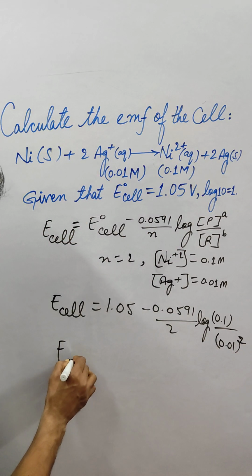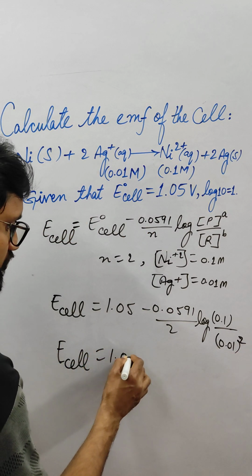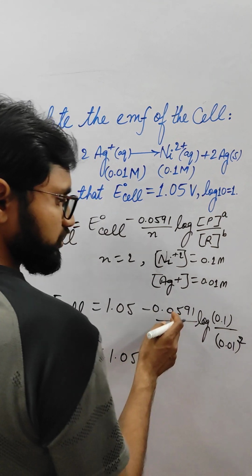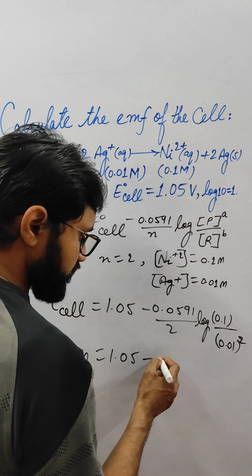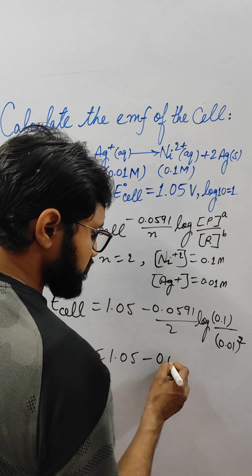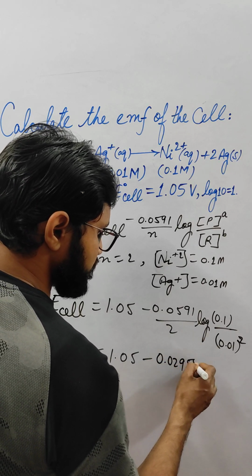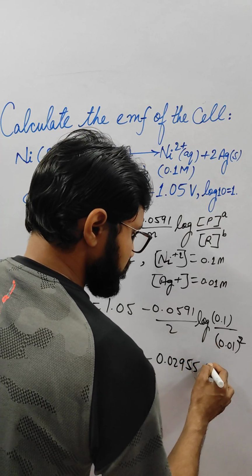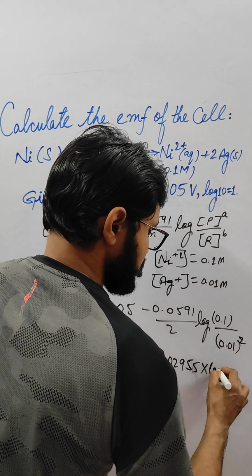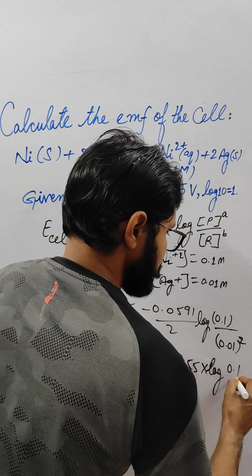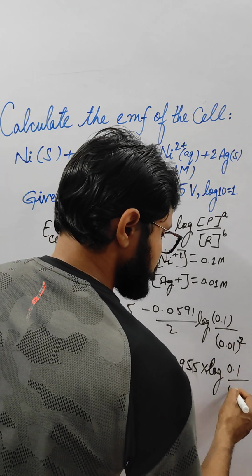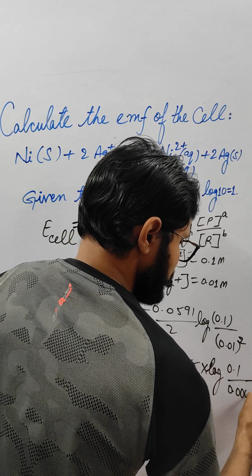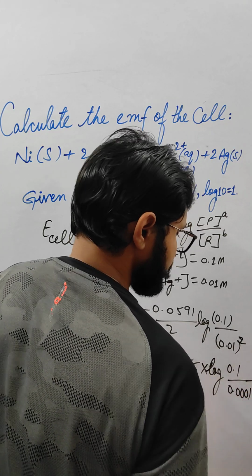From here we get E cell equals 1.05 minus, now if we divide by 2 we get 0.02955 into log 0.1 upon, if we square it, it becomes 0.0001.